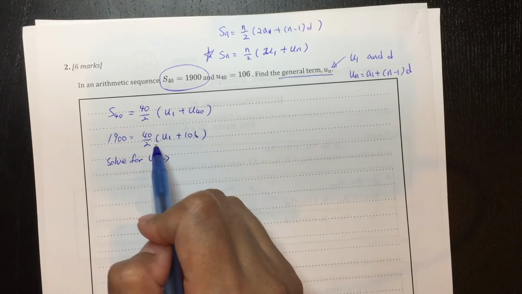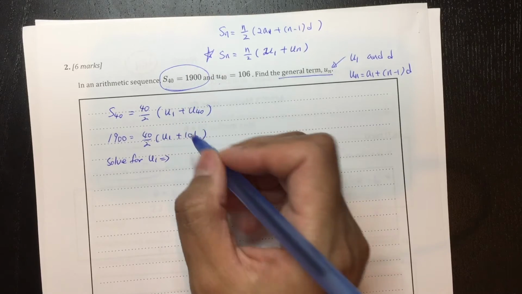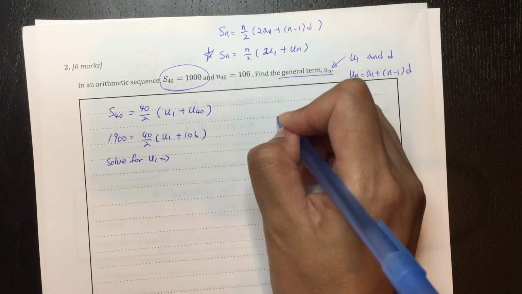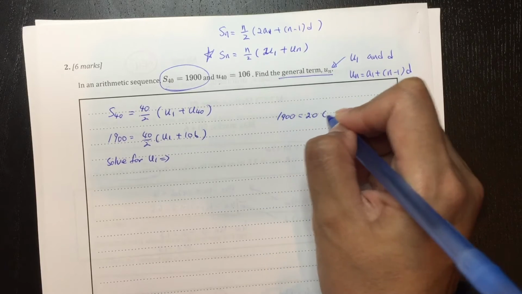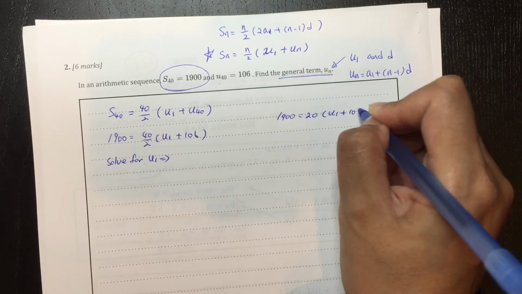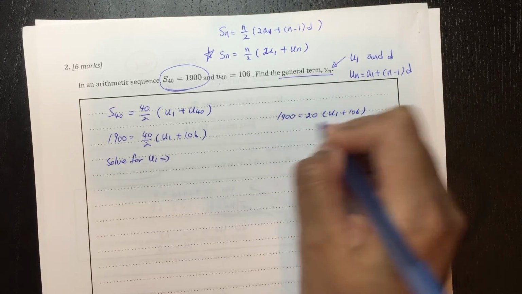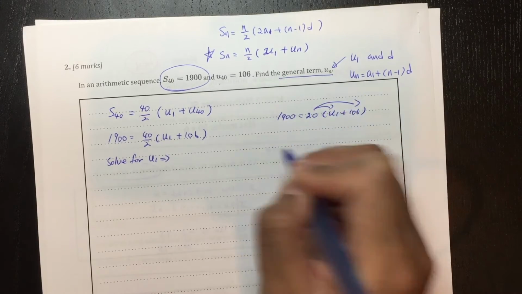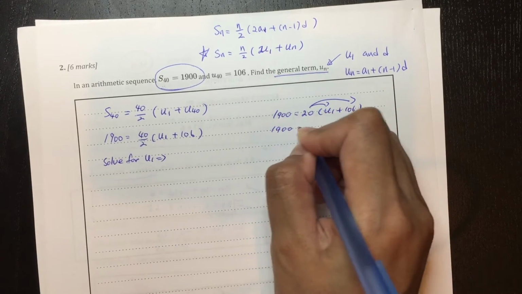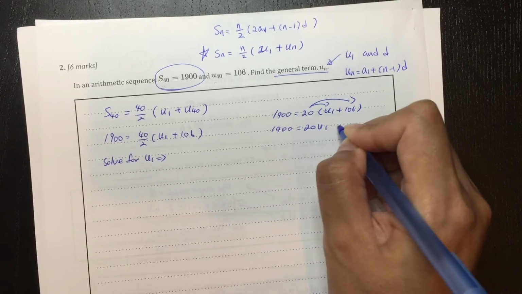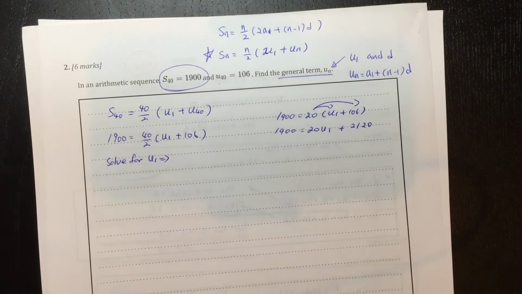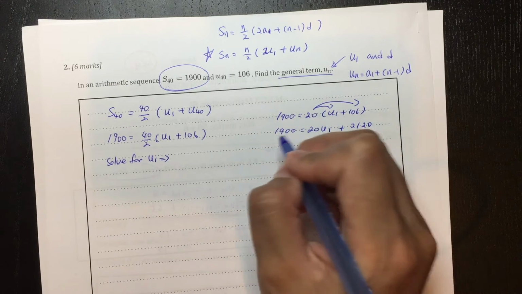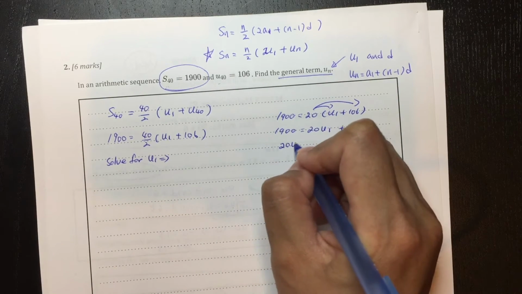Okay, so now we're going to solve for our U1 value. Let's rearrange the equation. Then this becomes 1900 equals 20 times U1 plus 106. I'm going to expand. So it becomes 1900 equals 20 U1 plus 2120. Then let's rearrange this equation so we can solve for U1.